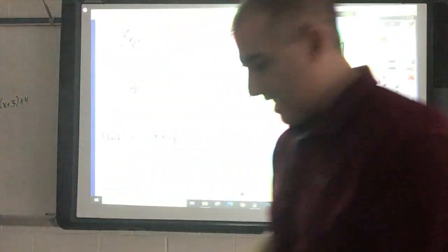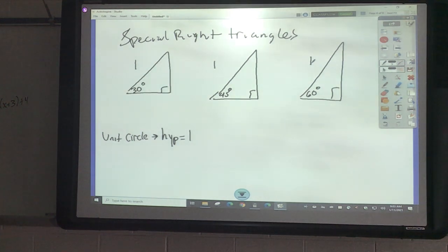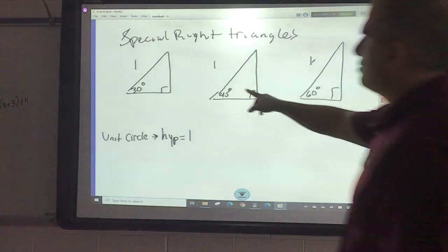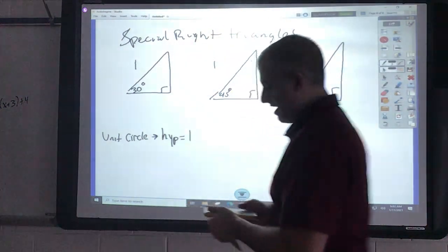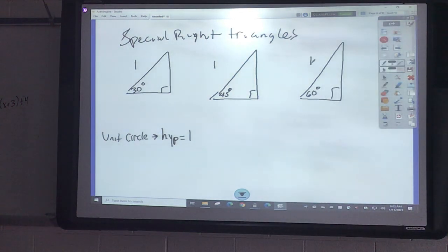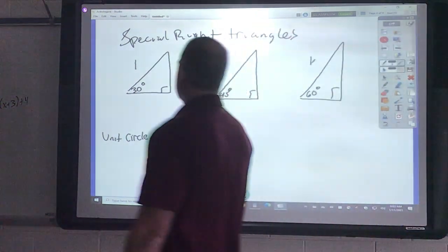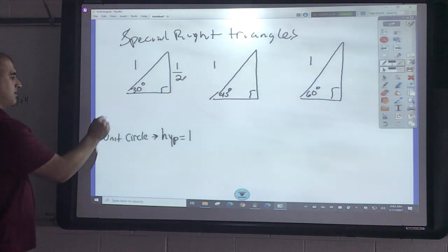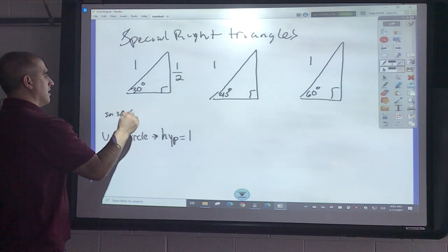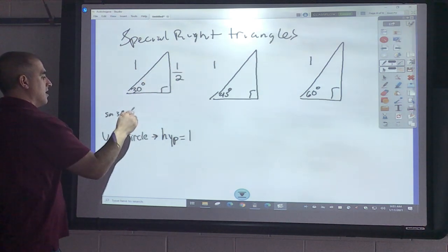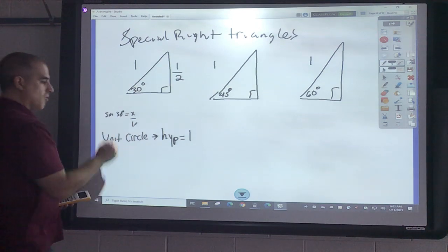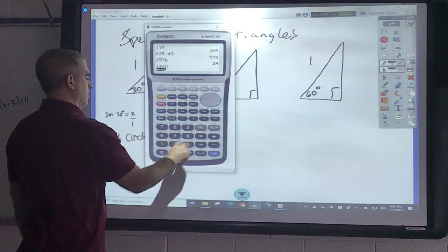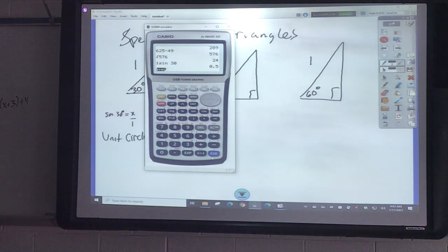Now, if we did our basic trig and figured out what this side was and that side was, this would end up being 1/2, because sine of 30 degrees, if I had labeled this as x, would have been x over 1. And if I do sine of 30, I end up getting 0.5.